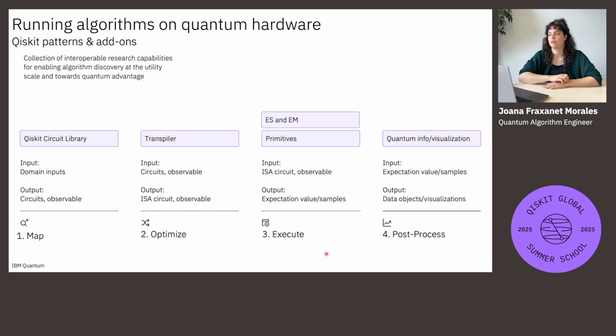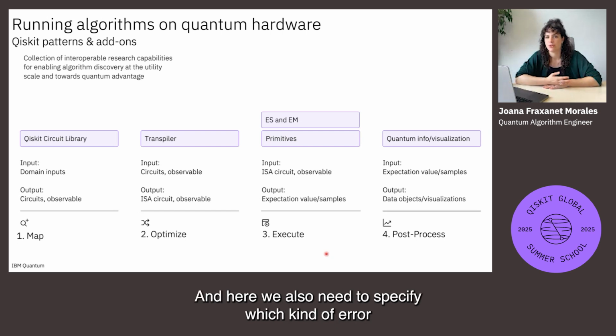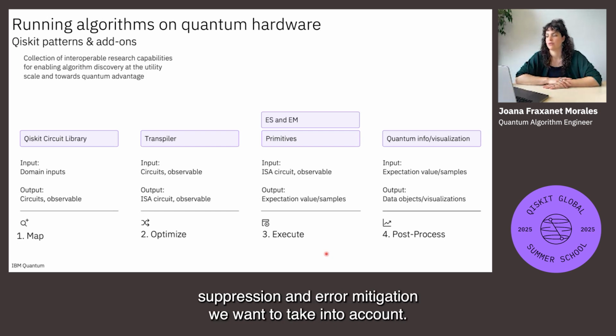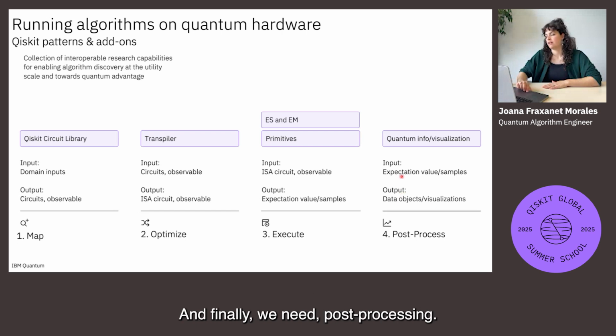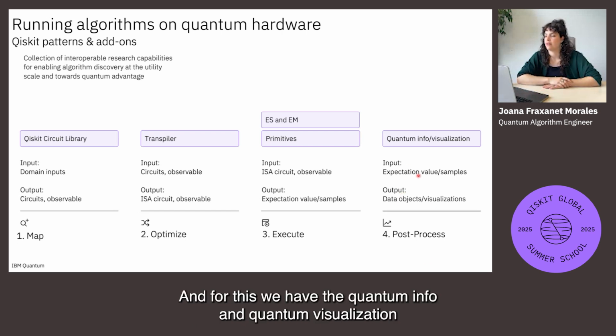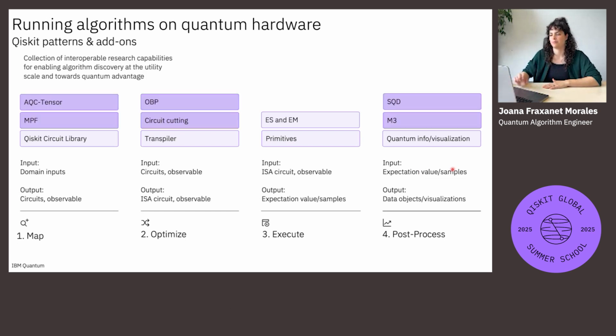For execution, we have the primitives, the sampler and the estimator, that are the kind of outputs that we want to get. And here we also need to specify which kind of error suppression and error mitigation we want to take into account. And these are things that I'm going to be focusing on later. And finally, we need post-processing, and for this we have the quantum info and quantum visualization packages of Qiskit that allow us to do that.